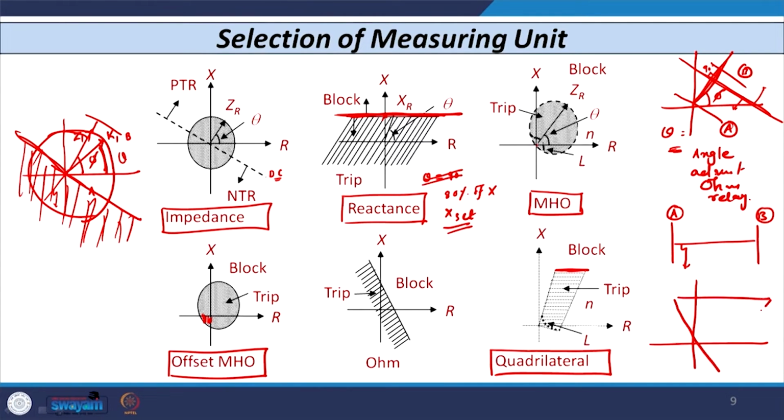Sometimes you may find a quadrilateral characteristic like this, and all these angles are defined. The point I have shown is that this region is capable of accommodating more value of fault resistance. So any fault that occurs with a considerable value of fault resistance is also detected or sensed by a quadrilateral type distance relay.